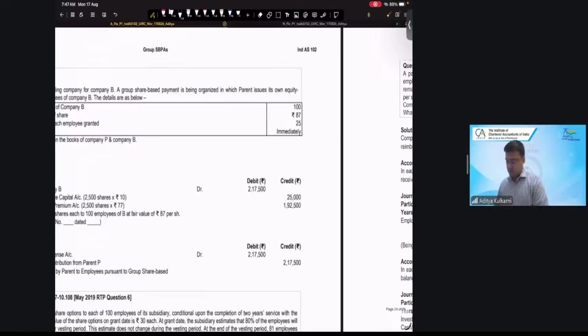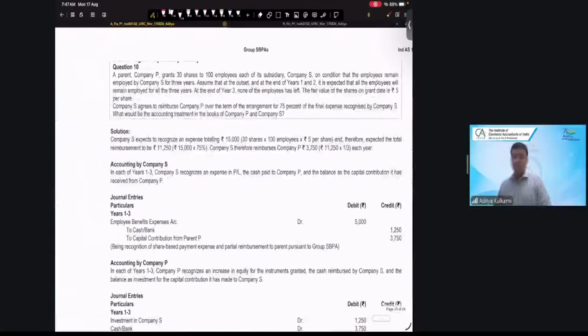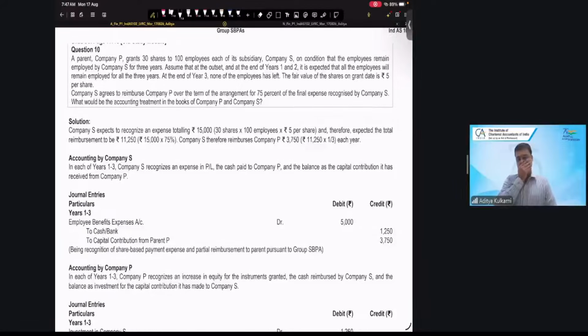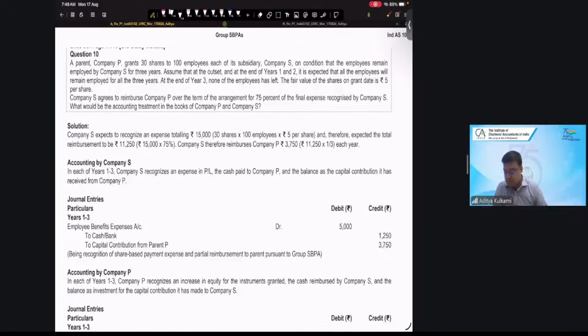Can you please go through question number 10? Same share-based payment arrangements in a group structure.